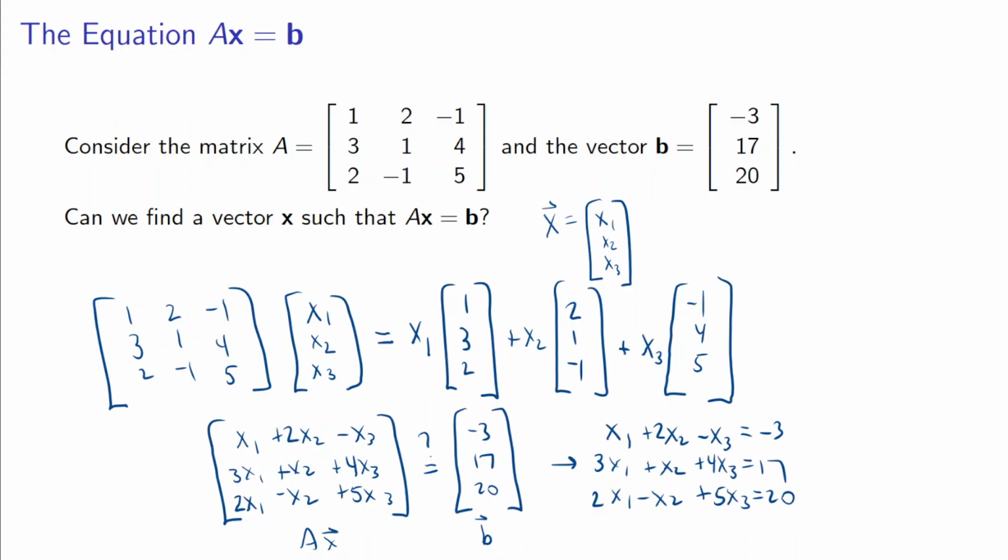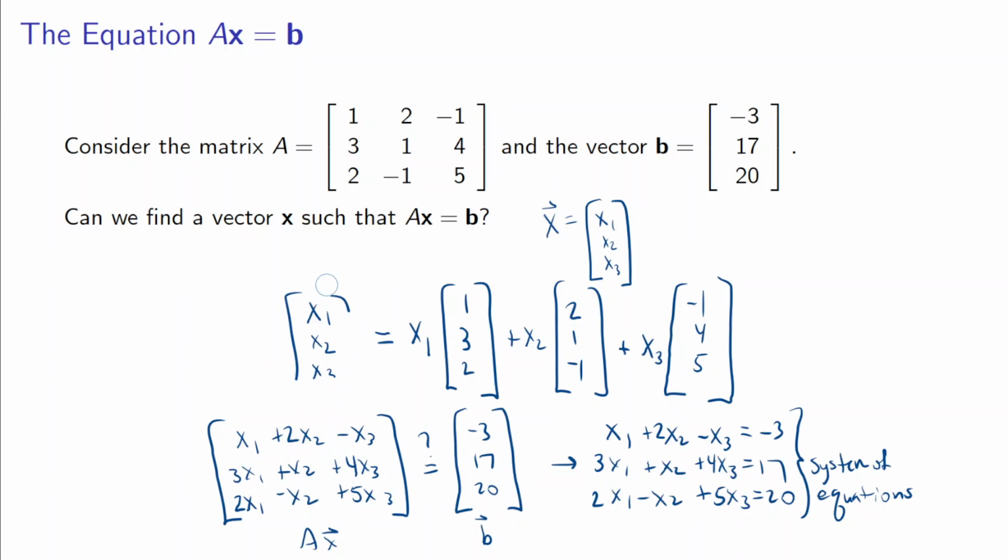And hopefully this is starting to feel familiar. What we've ended up with here is a system of equations. So we know that we can construct the augmented matrix, the matrix that we would have to row reduce in order to solve this particular system.